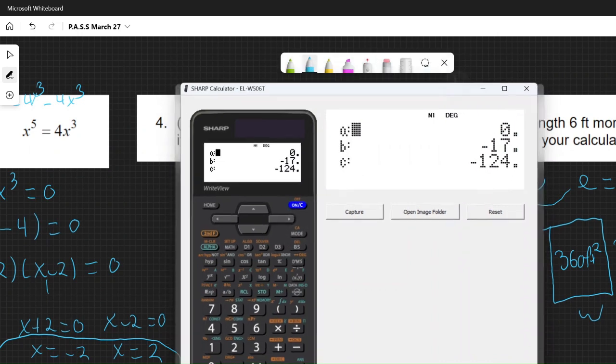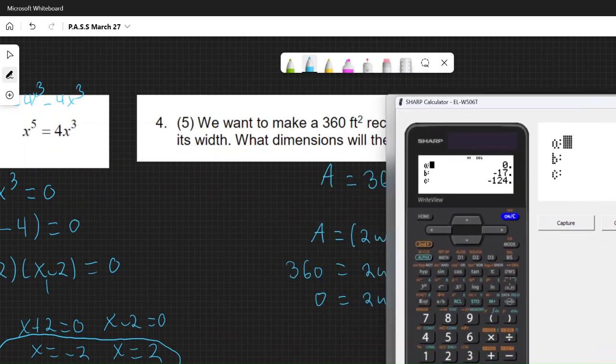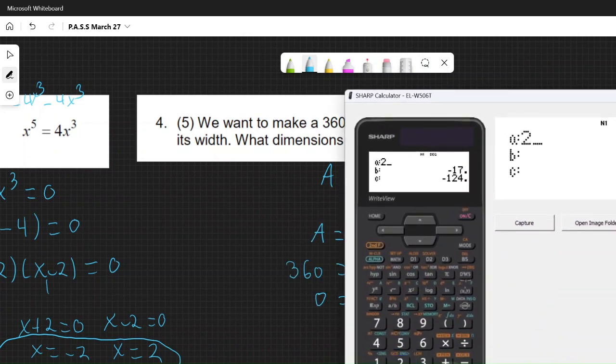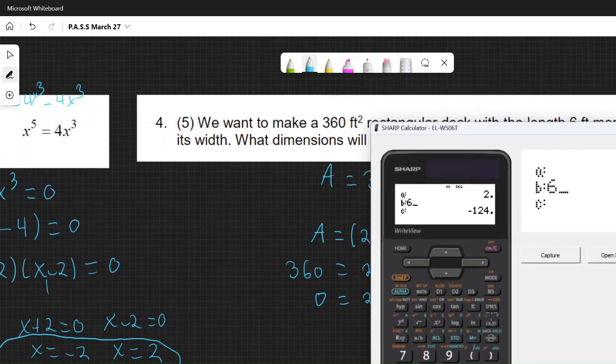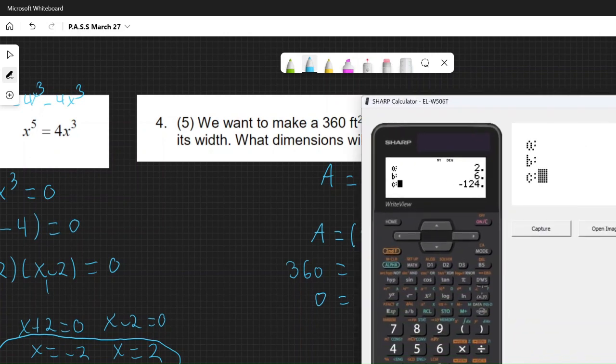So for our a value, we had 2. Our b value, we had 6. And then negative 360 for our c value.